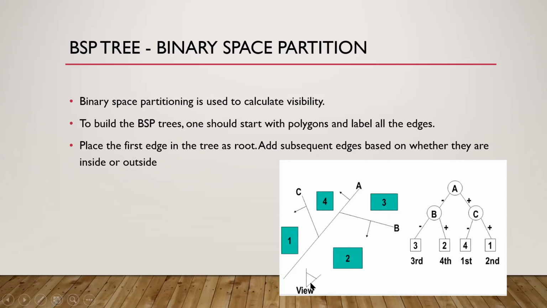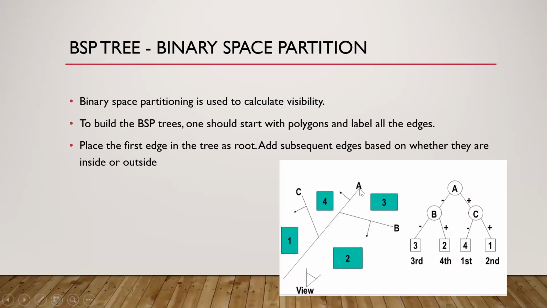Based on that, as you can see, the viewer is viewing in one direction. A, C, B are the edges available of a particular surface. I first consider one surface A, and now you're going to check. When you say a binary tree, it is going to have two arms. One shows the front faces, and the other shows the back faces.